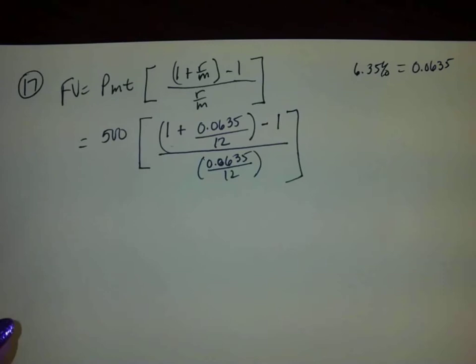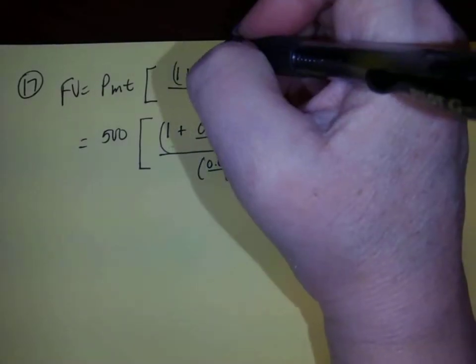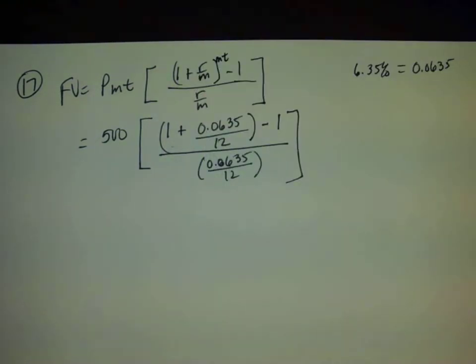So when we're putting this in, oh, I left off a part of it. I'm like, something's missing off my formula. All right, we forgot the M and the T. Sorry about that. Somehow it got erased.